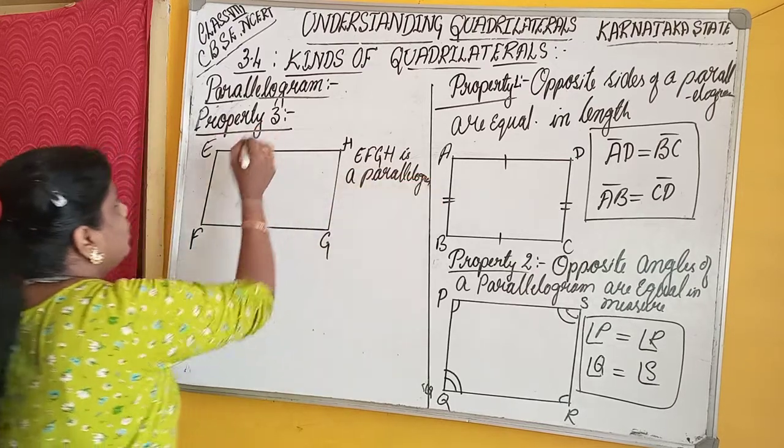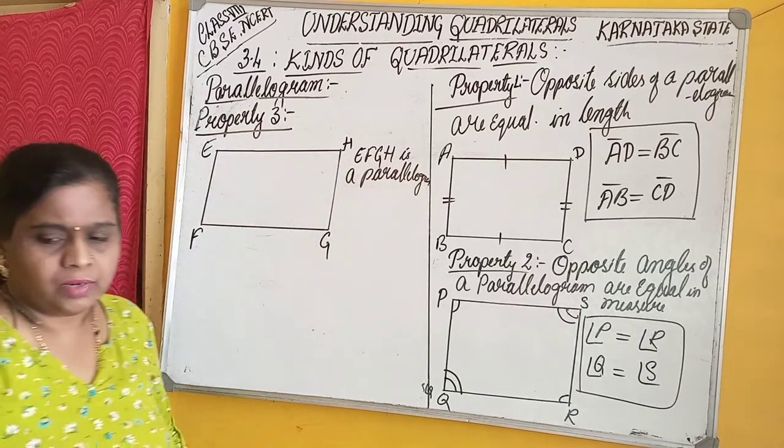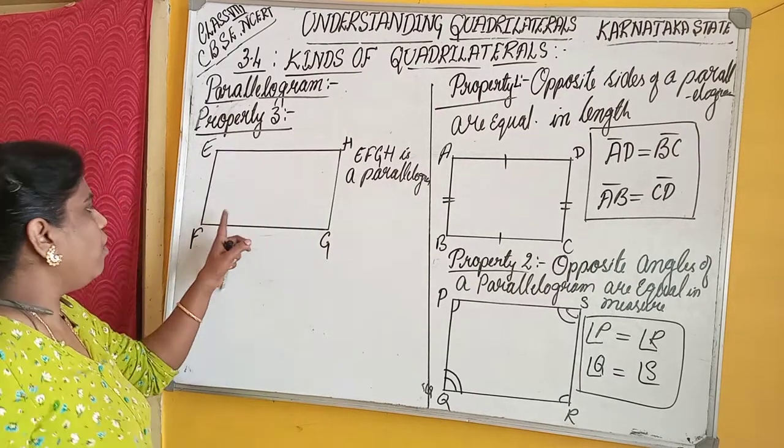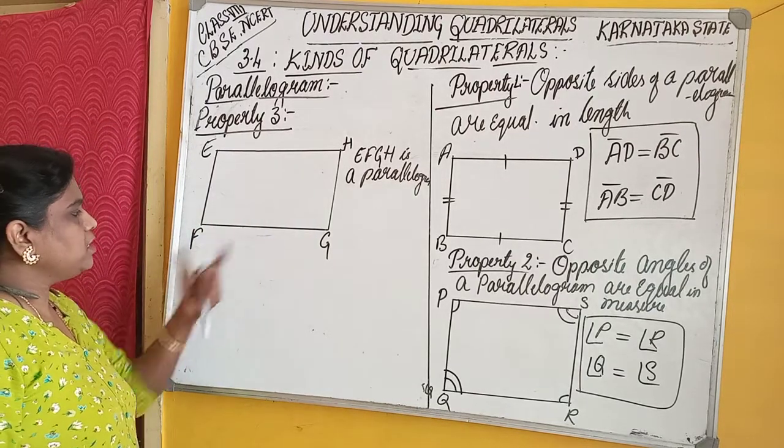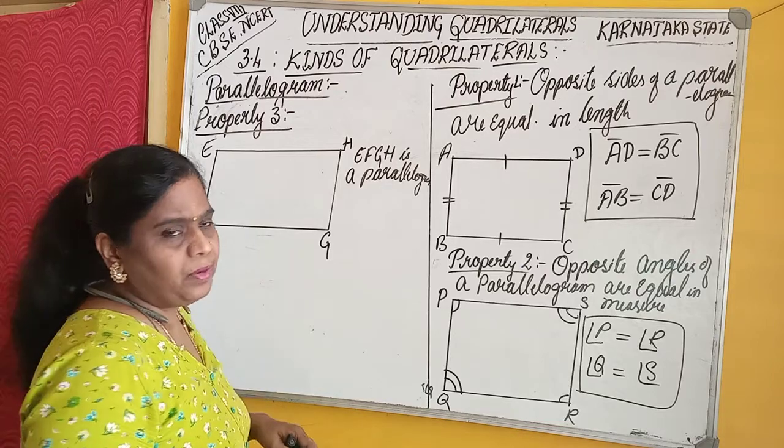According to the third property, what is the third property? The sum of the adjacent angles is supplementary.